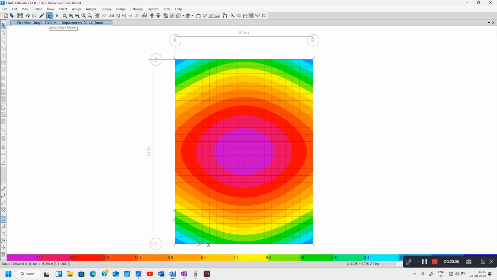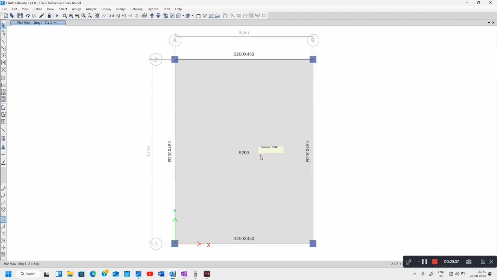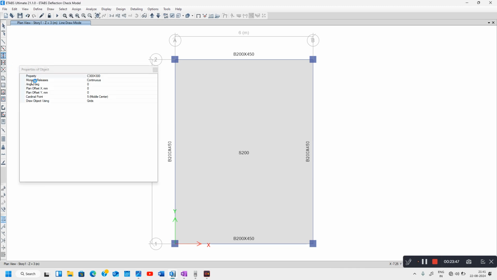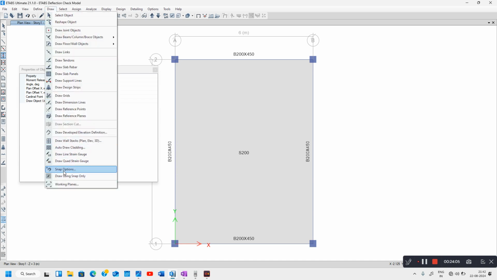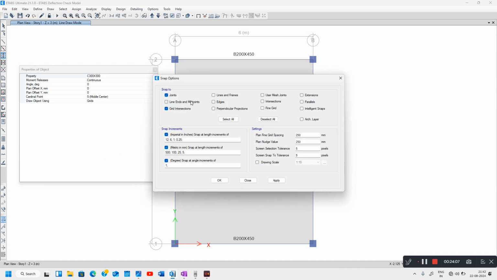Same, you unlock the model. Go to quick draw columns. The column size is 300 by 300 millimeter. Here I am unable to see the midpoint, for which go to draw, snap options. You select line ends and midpoints.